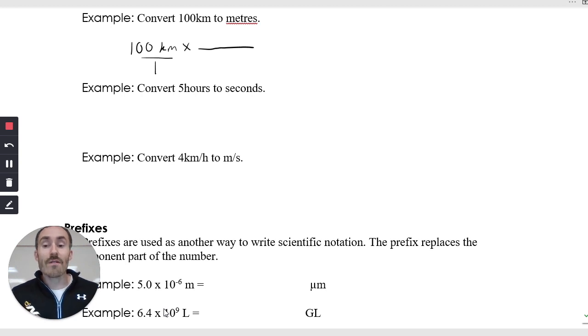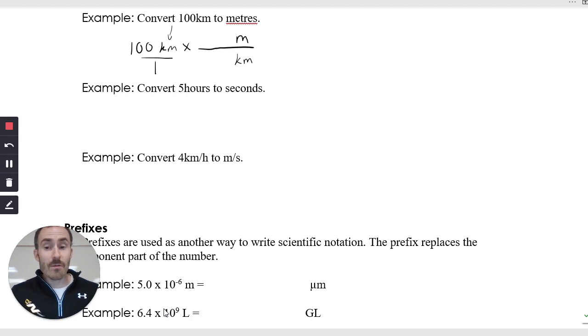Okay, so if I want to change kilometers to meters, I'm going to need to cancel out this kilometers on the top here by putting a kilometers on the bottom of my conversion fraction or conversion factor. And if I want to change it to meters, meters should end up on the top of that fraction.